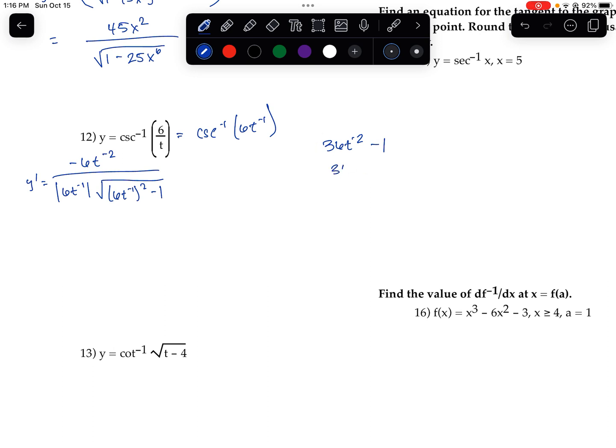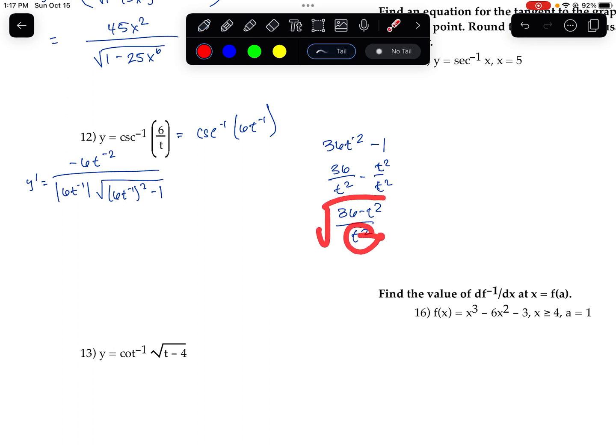That's the same thing as 36 over t squared minus 1 over 1, or another way, t squared over t squared because we want a common denominator. So then this will become 36 minus t squared over t squared because we combine the numerators. And since we're taking the square root, this will just become the square root of 36 minus t squared over t.